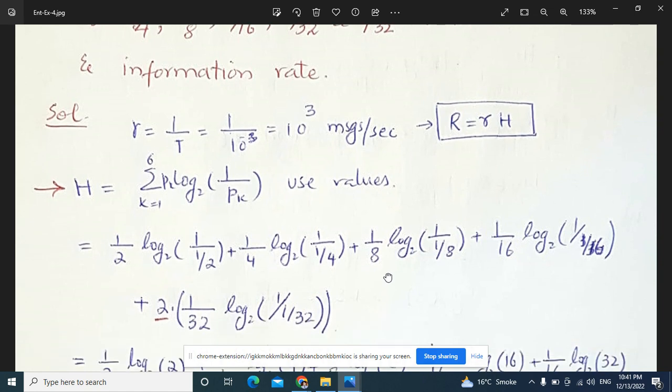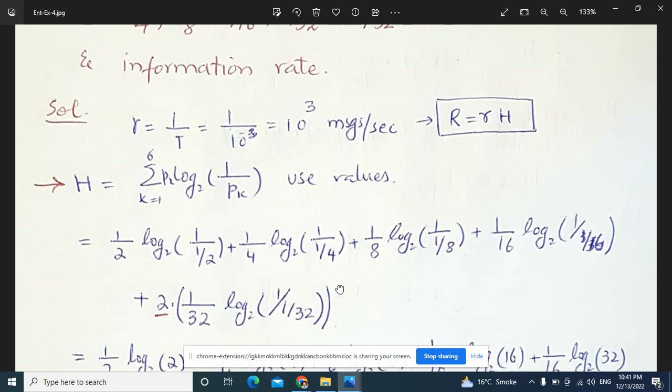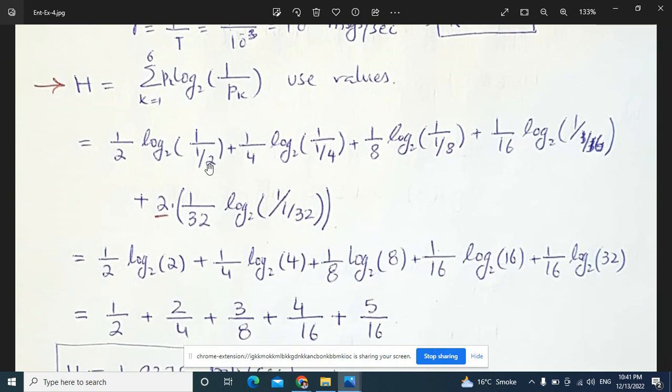And we have two messages whose probability is equal to 1 by 32, so that is why we are multiplying this with 2. So 2 multiplied by 1 by 32 log 2 of 1 by 32. The denominators in this line, 2, 4, 8, 16, 32, will go upstairs.